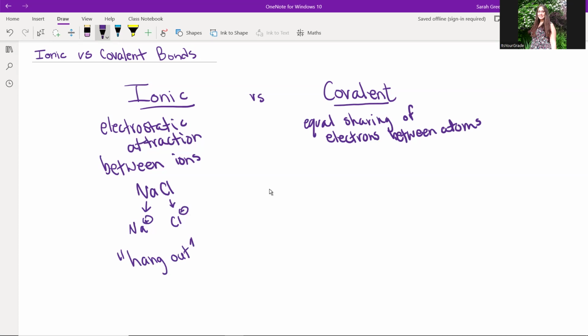But as an example, if you like to take Epsom salt baths, this is something called magnesium sulfate. And magnesium sulfate is composed of a magnesium ion and a sulfate ion, where sulfate is a polyatomic ion. If you've ever heard of rust, I'm sure you have, that's known as iron oxide.